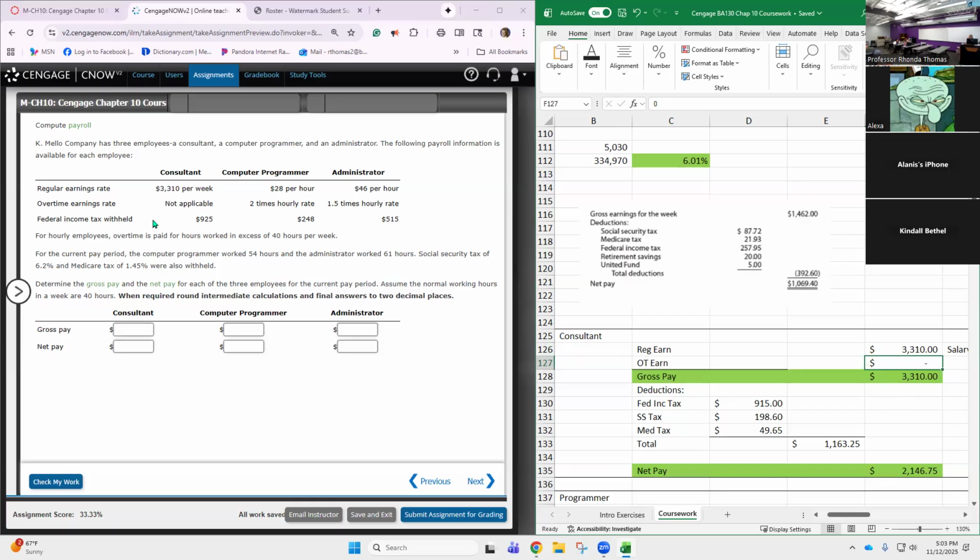Okay, so let's look at this first one. I've got a consultant that makes $3,310 a week. There is no overtime that applies to that person. And the federal income tax to be deducted is $925.